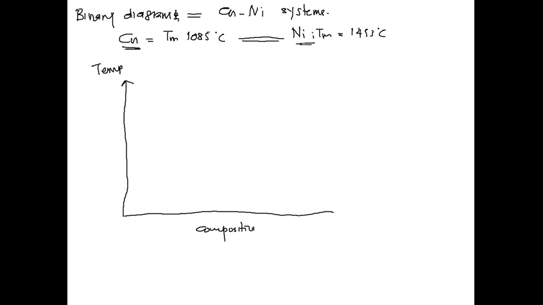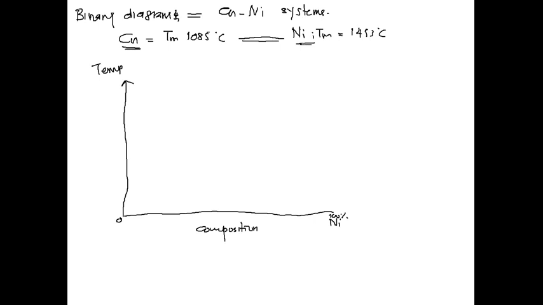Like I mentioned before in the water-sugar system, if the composition is labelled as nickel, then at this point on the x-axis it must be 0% of nickel. At this end you have 100% of nickel. So here 100% of nickel, while at this point is 0% of nickel.